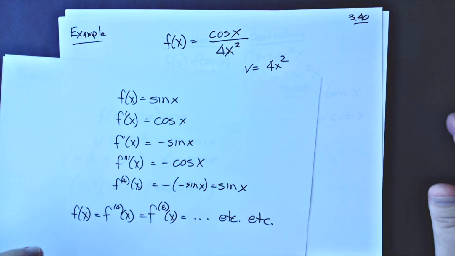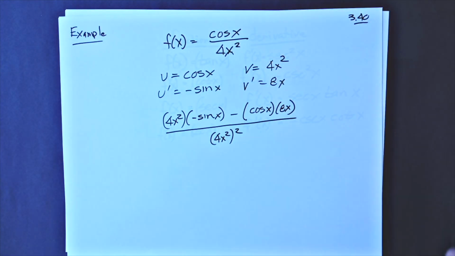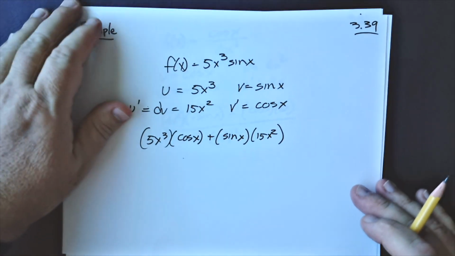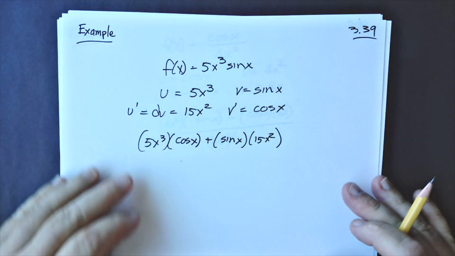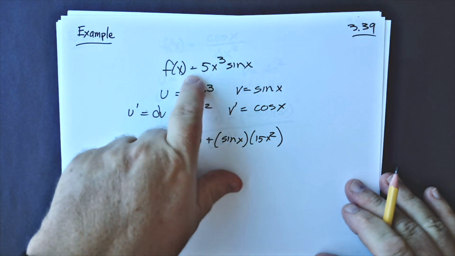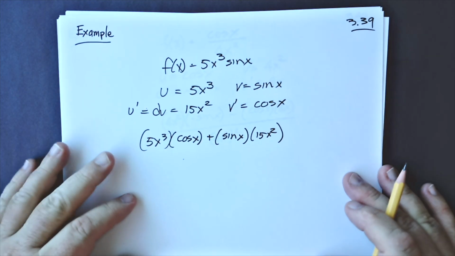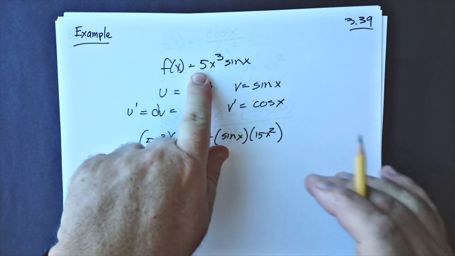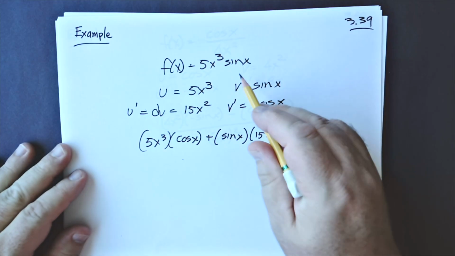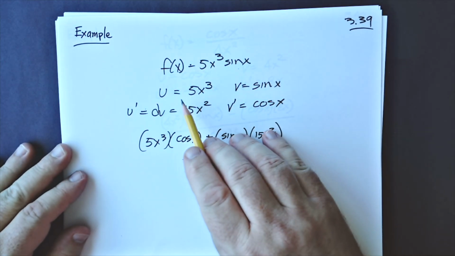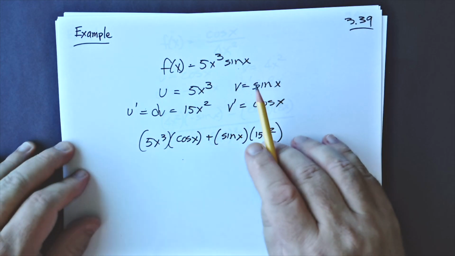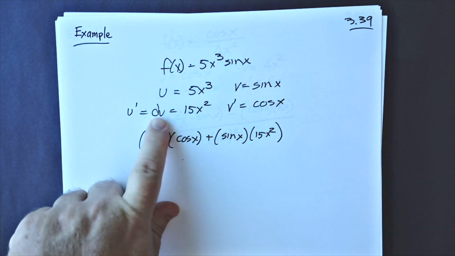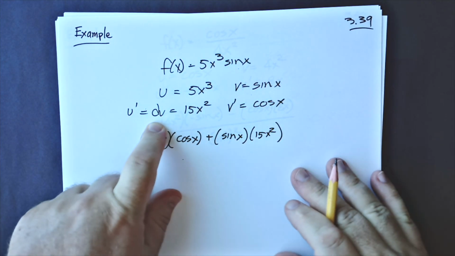All right, let's look at some examples of our derivatives here, my friend. Whoa. It took 2 pages to show. So let's look at a chain rule version of this. So I have 5x cubed times sine x. We're going to separate this into our u, which is 5x cubed, and our v, which would be sine x. So here's my u. There's my v. Now, I'm going to write u prime. I'm going to start writing, as we move forward, the du in the differential form. So you'll get more comfortable with that.